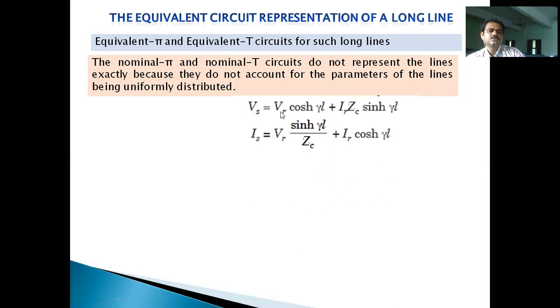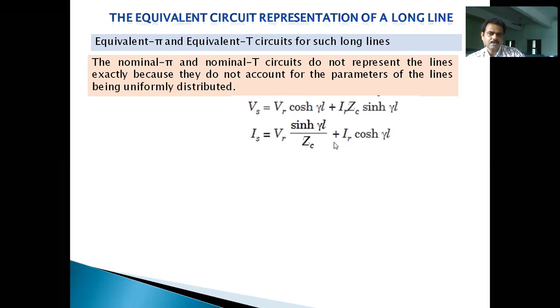Okay. So these are the equations if we consider impedance and admittance values as distributed parameters. We have obtained Vs equals Vr cosh gamma L plus IR Zc sinh gamma L, and similarly the sending end current, in terms of receiving end voltage and receiving end current.